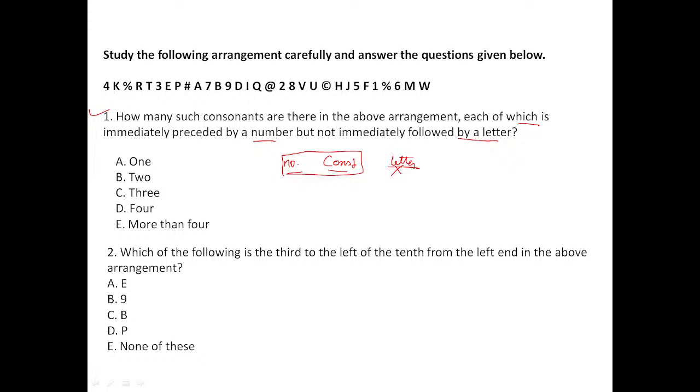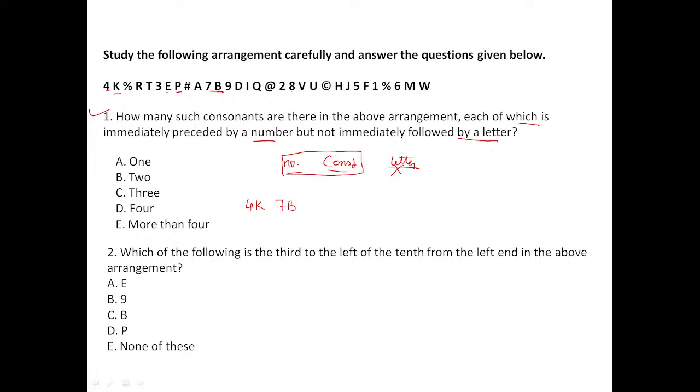Okay, let's check. So where is a number? Number here, consonant and then symbol. Okay, it's fine. So 4k is 1. Next number is 3, E, P. Here a letter comes, so it will not be counted. And also a number followed by a number and then a consonant comes, here a vowel comes, so it would not be counted. Next 7B, 9. Yeah, this is good, 7B.